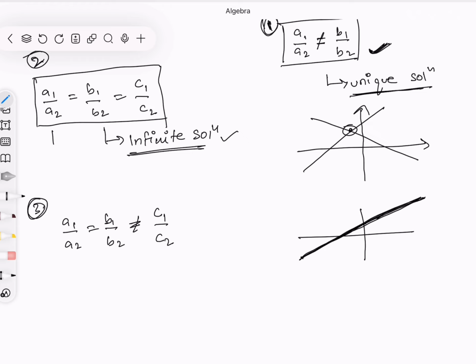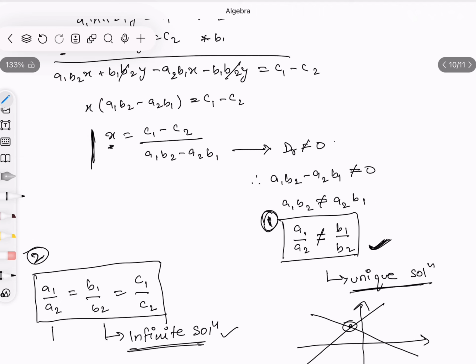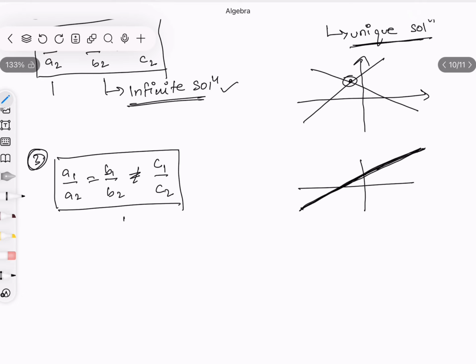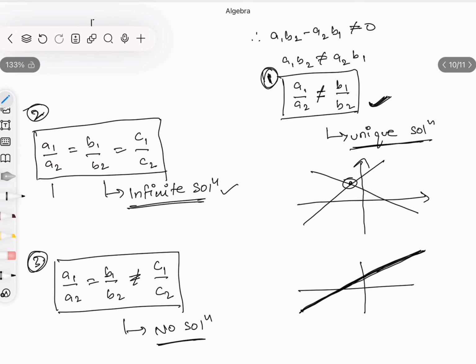In that case, the thing we talked about here comes true, that is, the denominator becomes 0, so you get no solution. These are the three things you should remember: if you are given line L1 and line L2, you can check these three things, and if one of them holds true, that will be your answer.